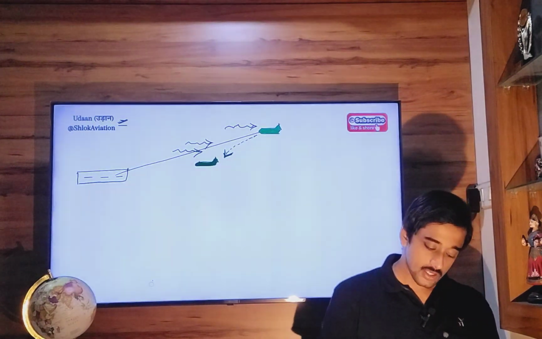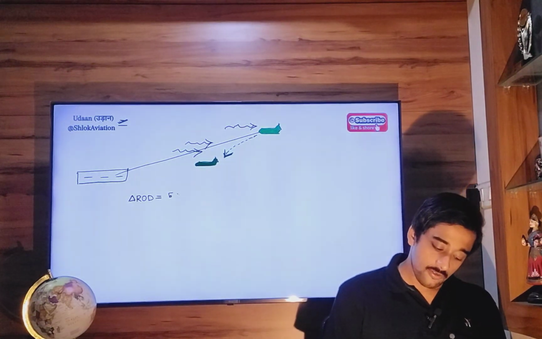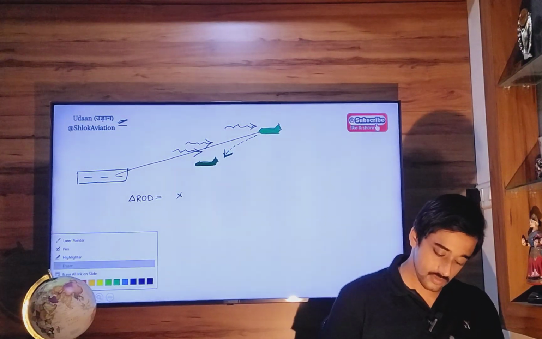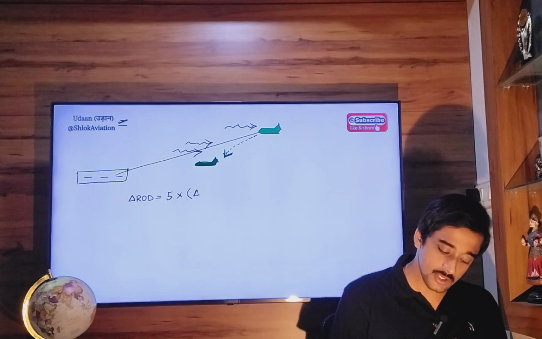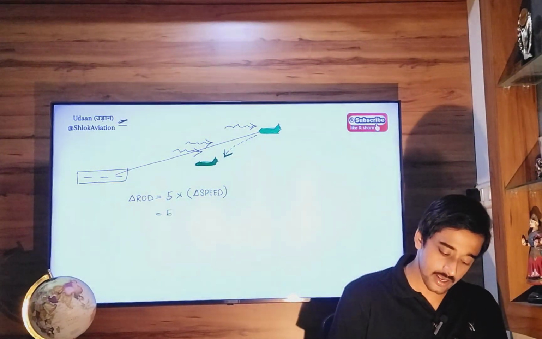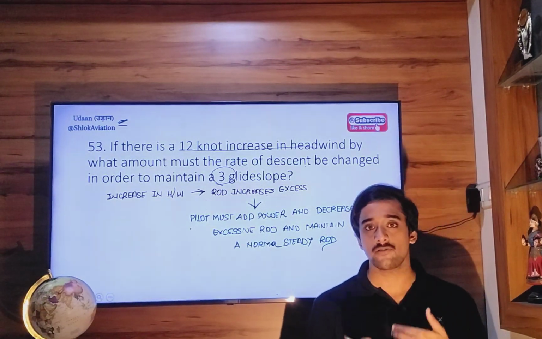Okay, next. The change in rate of descent required is equal to 5 into change in speed. What happens when there is an increase in headwind? The ground speed of your aircraft will decrease.